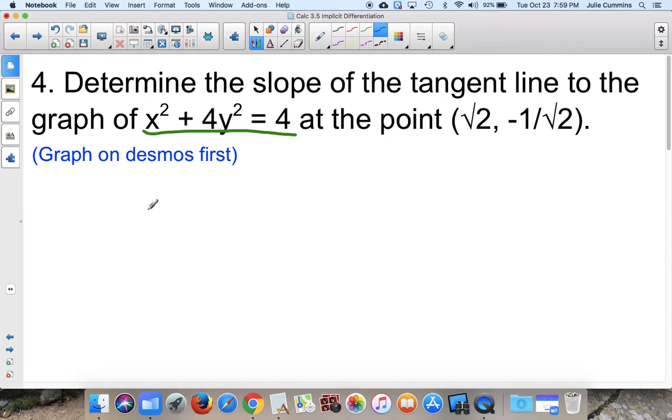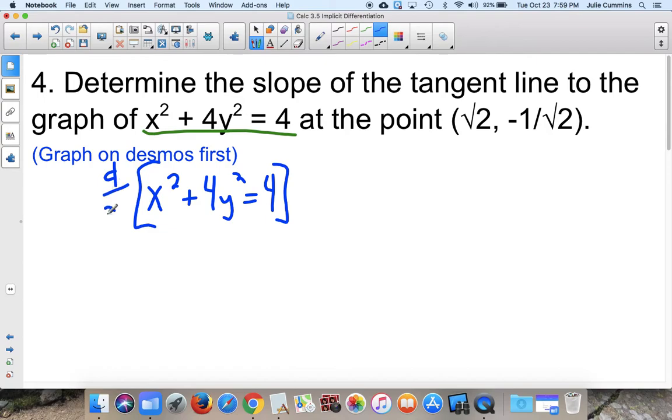So we are taking x squared plus 4y squared equals 4, and we are going to take the derivative of the whole thing with respect to x, both sides of the equation. We start with x squared. The derivative of x squared is 2x plus the derivative of 4y squared, bring down the 2, so 8y to the first.